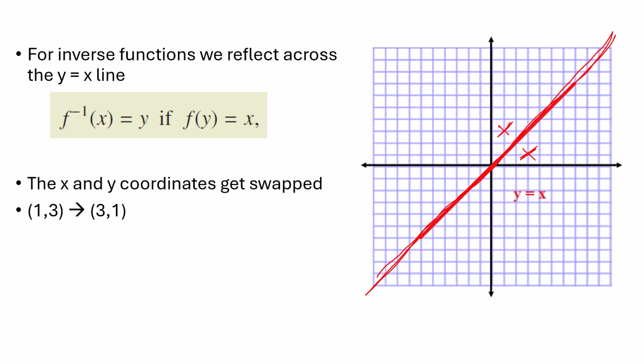If we had another point at, let's say, 0, 5, when it is reflected, it is going to go here to 5, 0. So you can see that what we are doing is we are changing the x and the y coordinates around when we reflect the point.